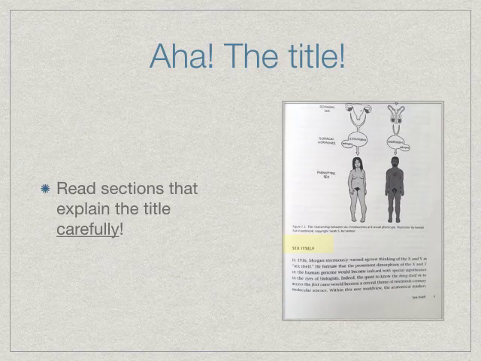Okay? Aha! Here we have a subhead that is the same as the chapter and the same as the title of the book. You want to zero in on this. This is going to tell you what this book is about, what she means by sex itself.